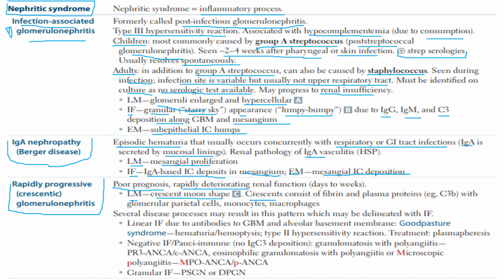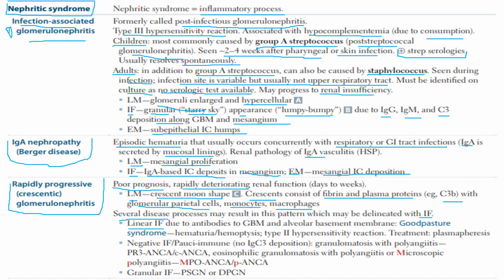Crescents consist of fibrin and plasma proteins, for example C3b, with glomerular parietal cells, monocytes, and macrophages. Several disease processes may result in this pattern, which may be delineated with immunofluorescence.